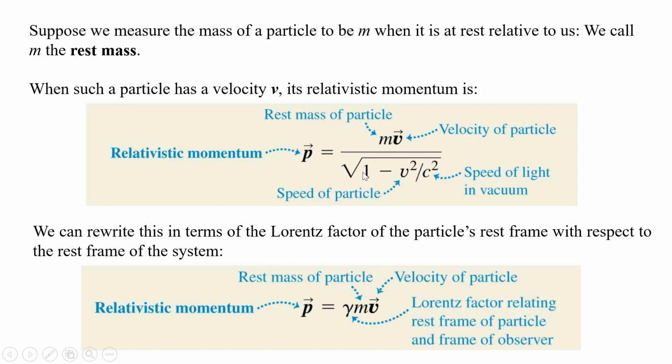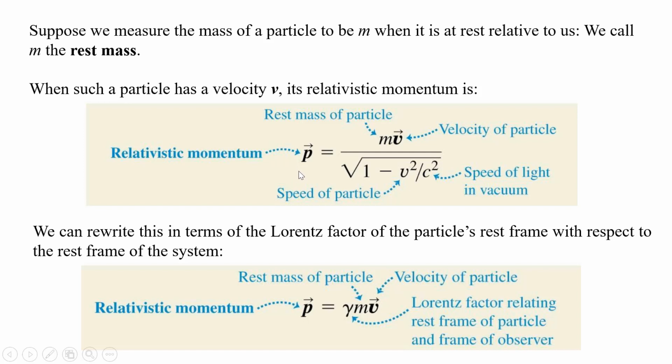So there is a correction: p is equal to the rest mass m multiplied by the velocity v, divided by the square root of 1 minus v squared over c squared, where v is the speed of the particle and c is the speed of light in vacuum.